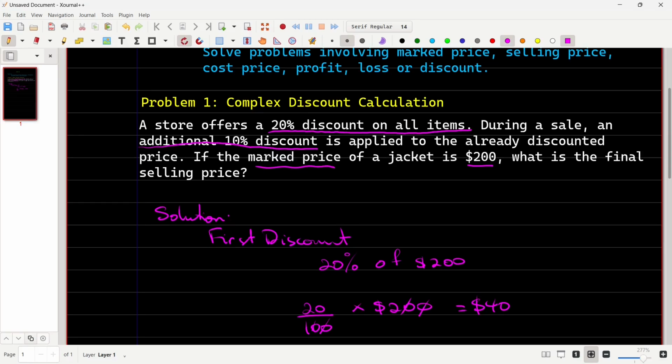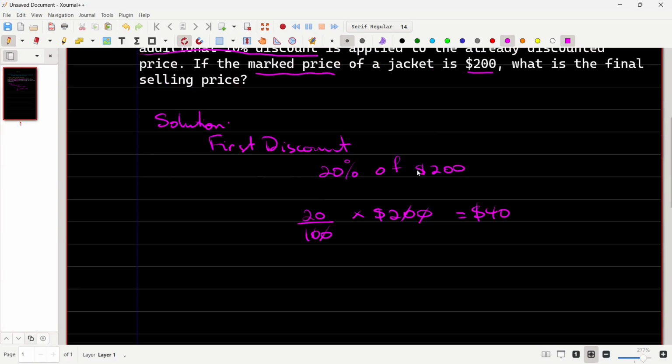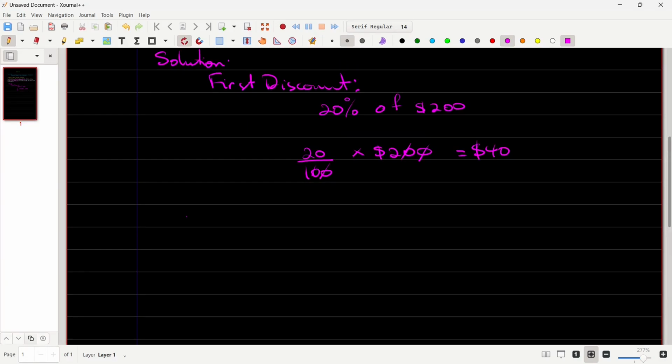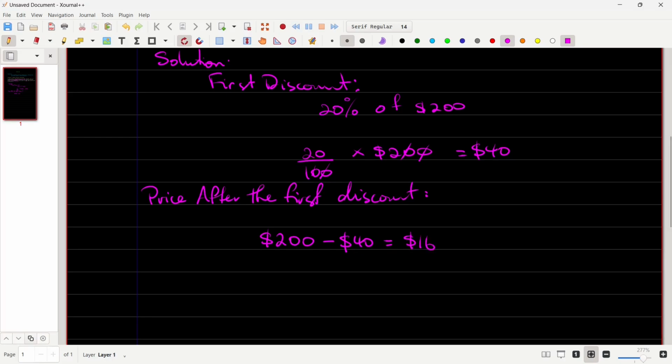So the first discount is $40. Now, the price after the first discount would be given by $200 minus $40, which is $160. So that's the price that it has.